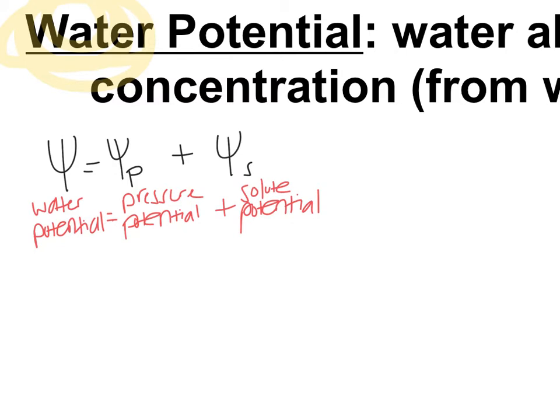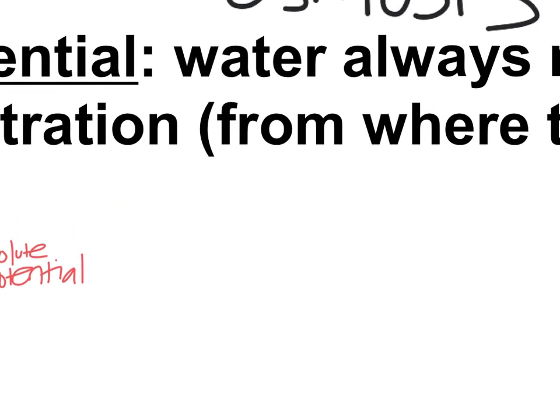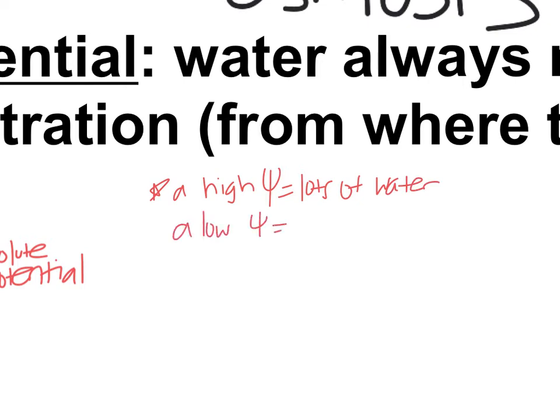What these psi's represent are numbers. So try not to get confused by the numbers. Essentially, a high psi, so a high number, indicates a lot of water. And a low number represents less water, aka more solute.